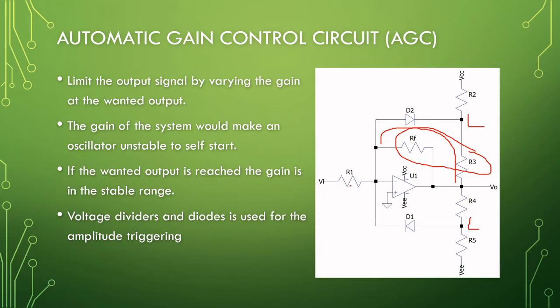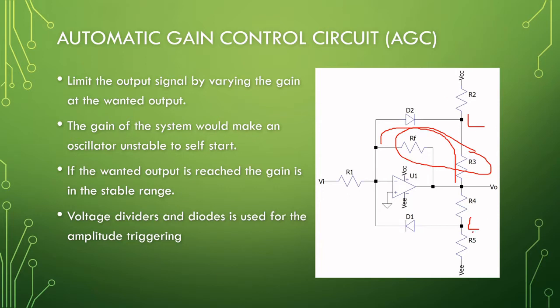Typically the gain of this circuit, an inverting amplifier, will be minus RF over R1. But the moment the signal goes past one of these limits, it will be RF parallel to R3 over R1, or RF parallel to R4 over R1.